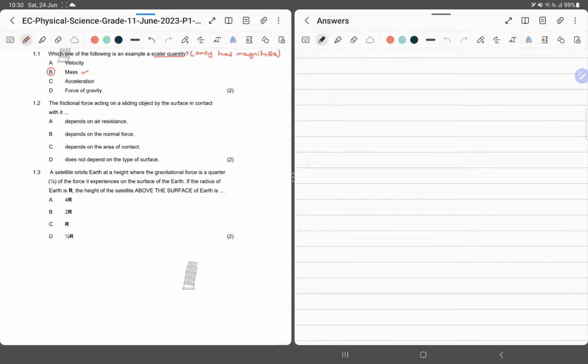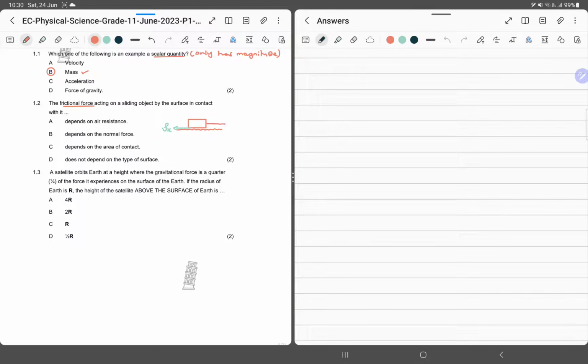1.2 says the frictional force acting on a sliding object. So we're talking about frictional force acting on a sliding object. So let's draw our object. There is our object on a surface. Okay, so we've got frictional force going in the opposite direction. So if it is a moving object, we call it Fk, right?